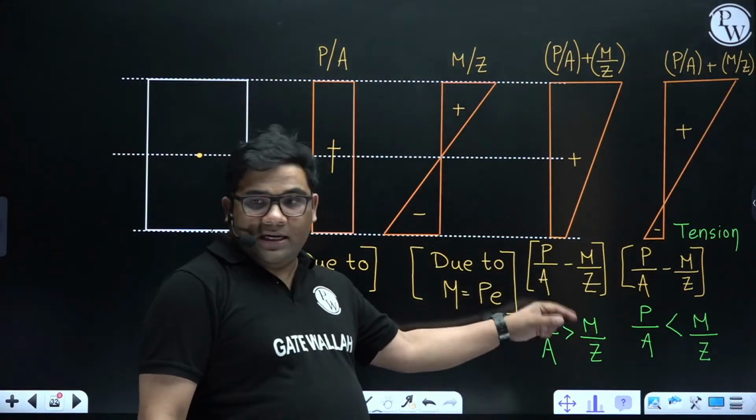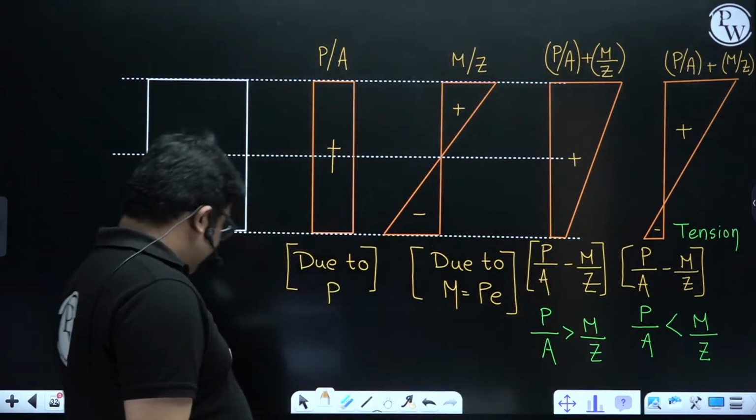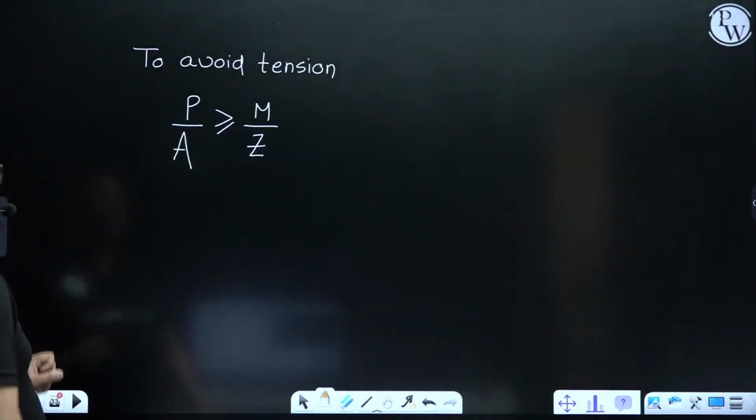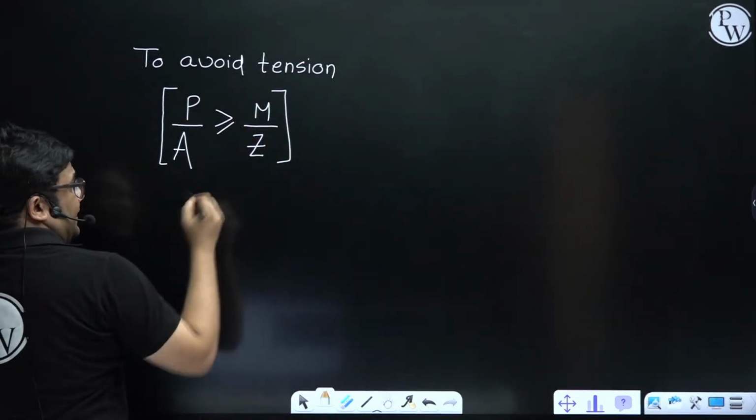If it is equal, then I'll get 0 here. If it is less, then there is a problem. So to avoid tension, P by A should be greater than M by Z.